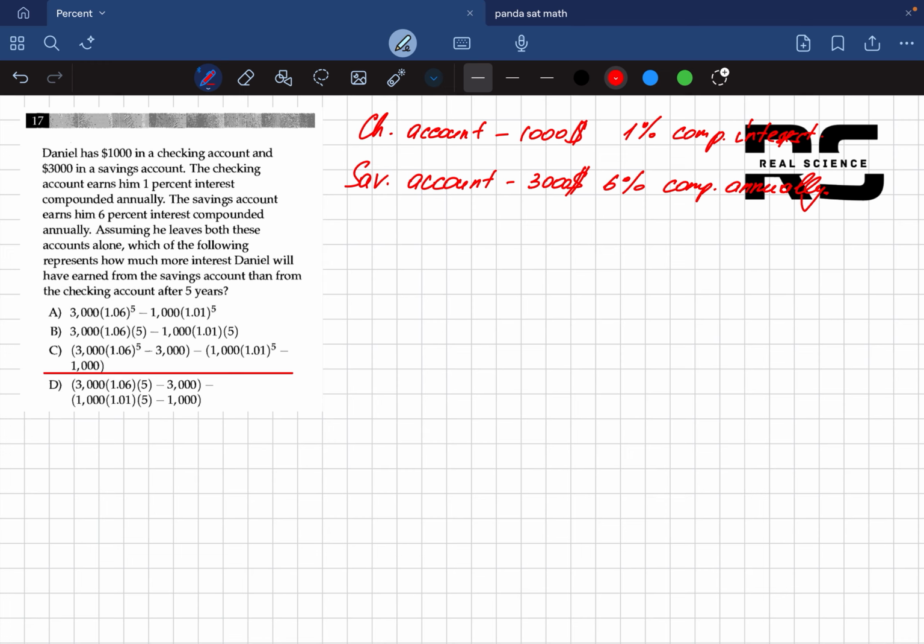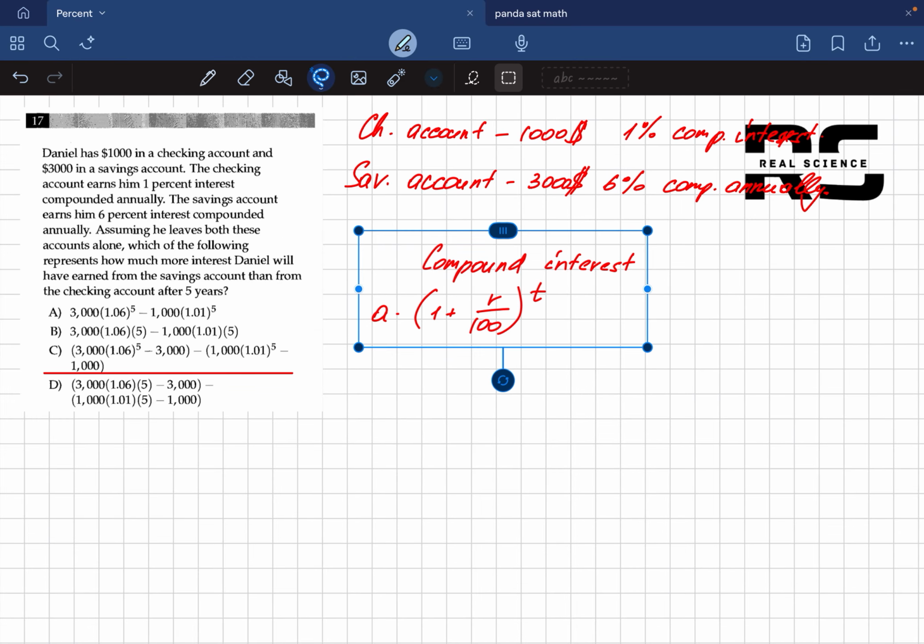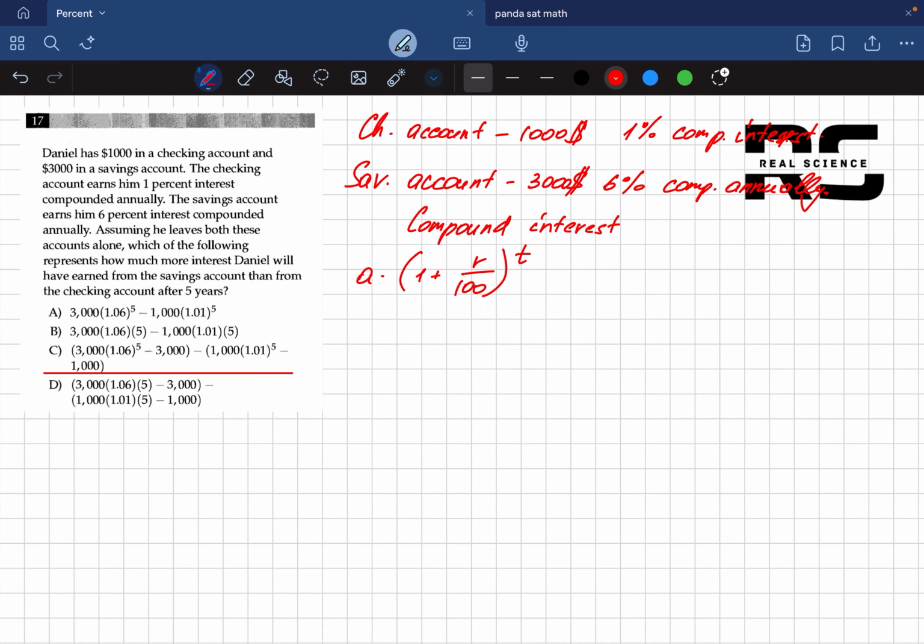Well, let's first calculate the interest that Daniel will get from checking and from savings. Because it is compound interest, we need to use the compound interest formula.